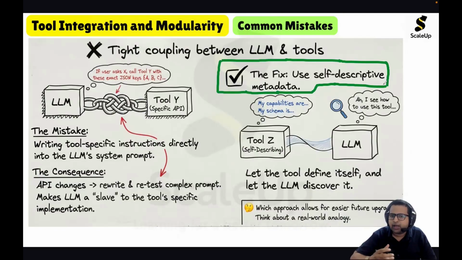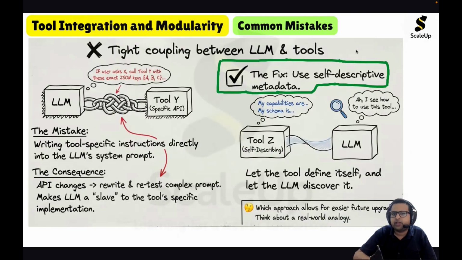And if the tool has a self-descriptive metadata, the large language model can refer to that metadata and it will decide whether to call a tool or not. So the idea is very clear that instead of us telling the large language model to call this tool, let the tool self-describe itself. Let the tool define itself and let the LLM discover it.